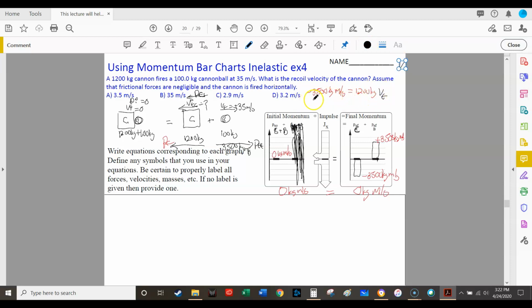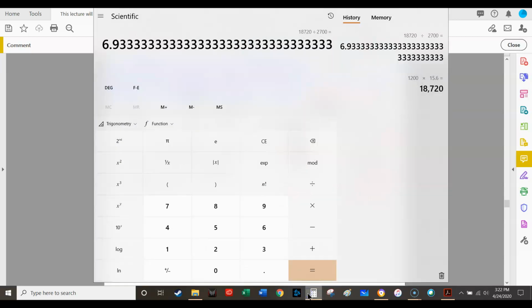Well, that means it's going to be negative 3,500 kilogram meters per second divided by 1,200 kilograms.